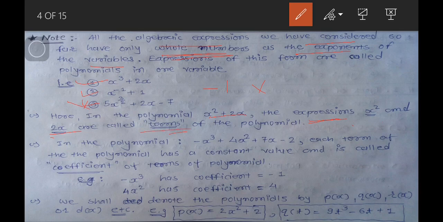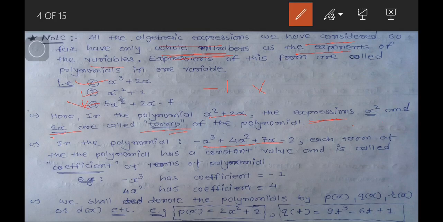In polynomials, this type of expression is known as a term. Now, one given example of a polynomial is minus x cube plus 4x square plus 7x minus 2.